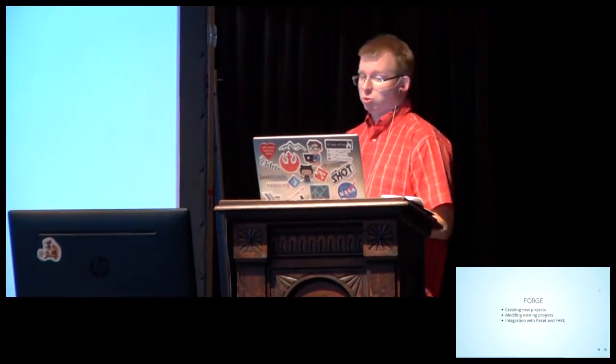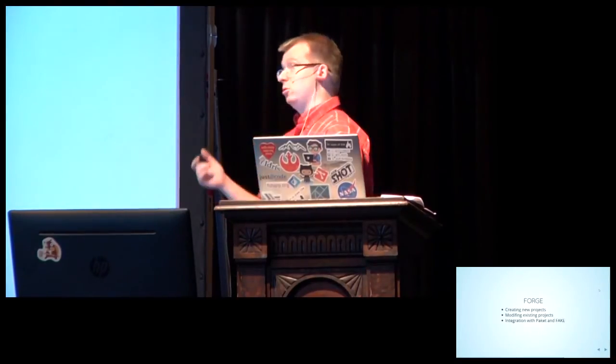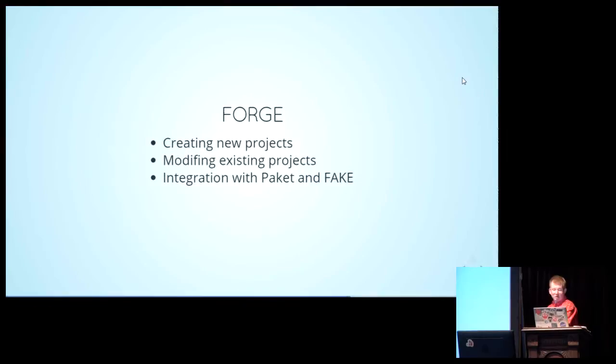It lets users create new projects using a wide range of community-provided templates, from things as simple as console applications to as complex as Suave web applications hosted on Azure Service Fabric. So, some complex stuff.